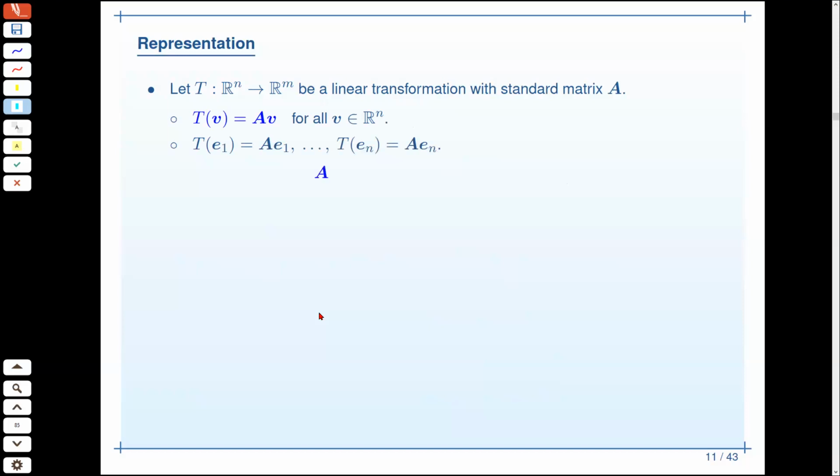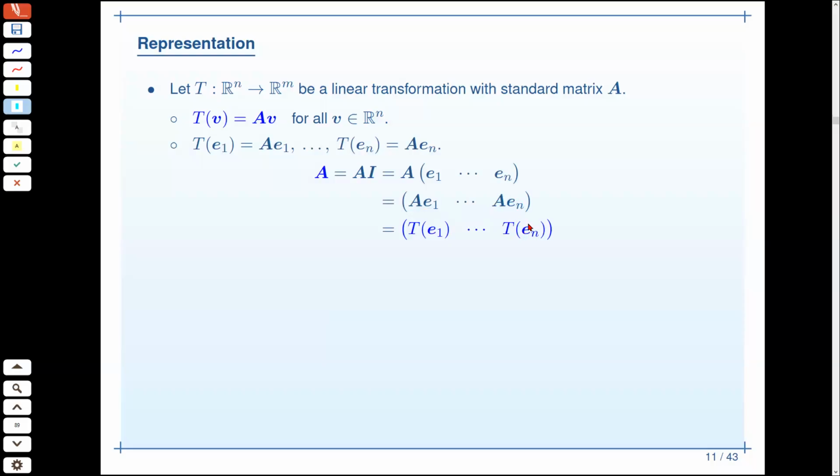So this is the A transformation. A times I, where I is the identity matrix, with first column E1 and last column En, which can be written as AE1 until AEn. So first column of A until the last column of A. And this is precisely the images: first column is the image of E1, last column is the image of En.